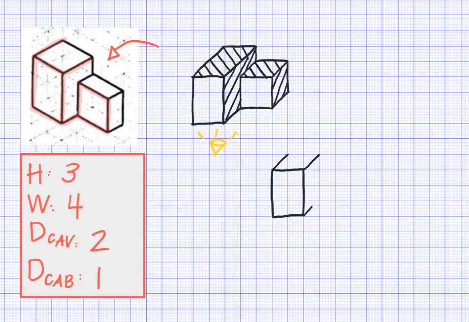So 1, 2, 1, 2, 1, 2, and 1, 2. This is where it gets a little bit tricky with the cabinet drawings, especially if you're working with half squares. Then these are also going to go back half, half, and half.